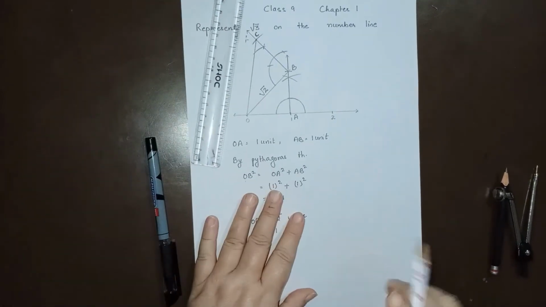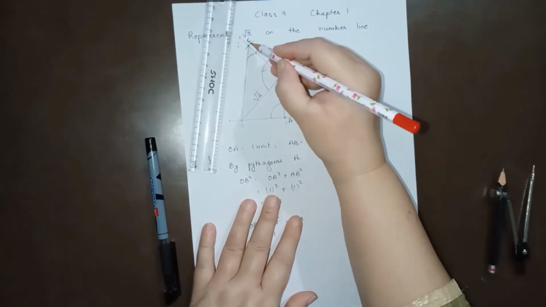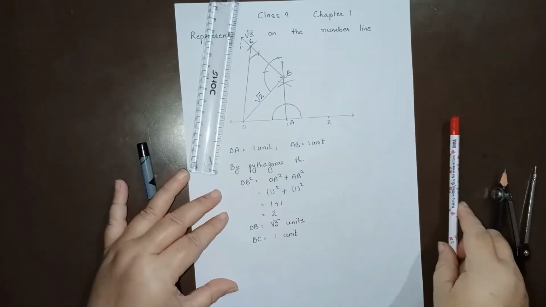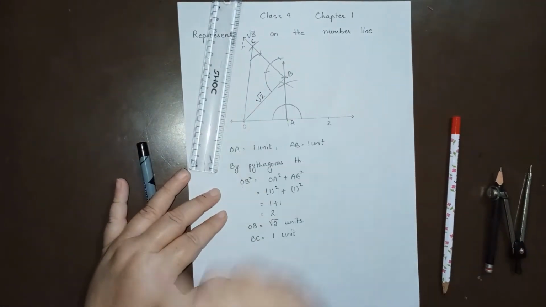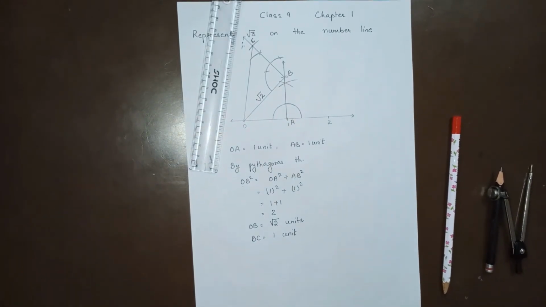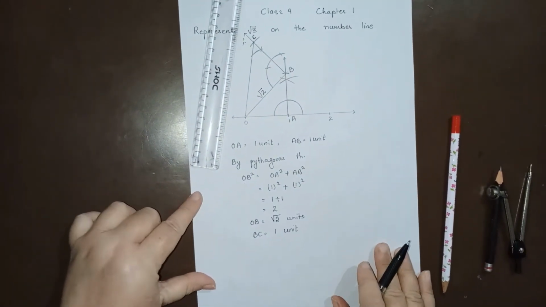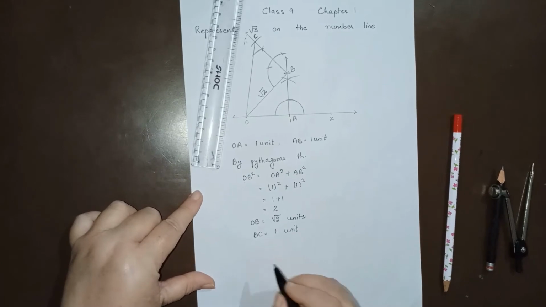Now see, this OBC again is a right triangle, right angled at B. So again we can apply Pythagoras theorem in triangle OBC.